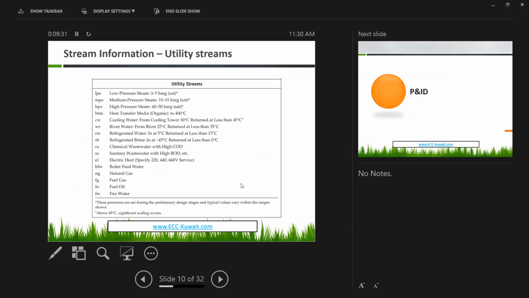For utility streams, there is a specific symbol for each utility type. For example, we have LPS, low pressure steam, medium pressure steam, high pressure steam, and if you refer to the last lecture, you can know how and why we use each of these utility streams.